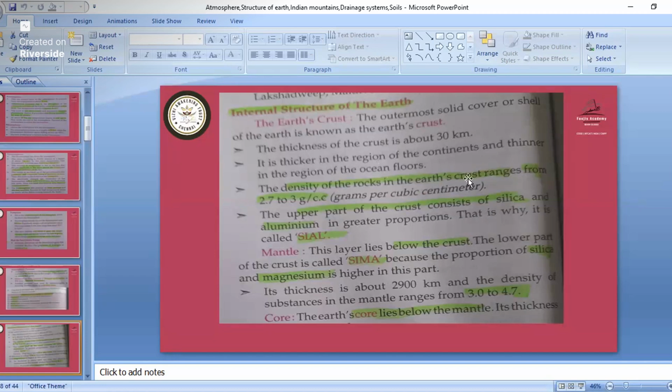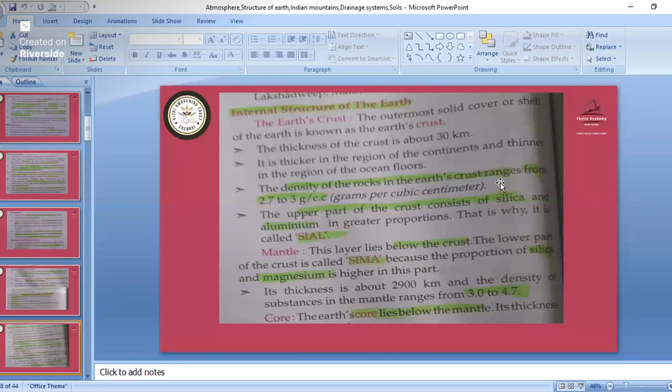The density of the rocks in the earth crust ranges from 2.7 to 3 gram per cubic centimeter. You must know the density of the earth crust, because this question has not come in AFCAT, but has come in CDS. So know about this one.